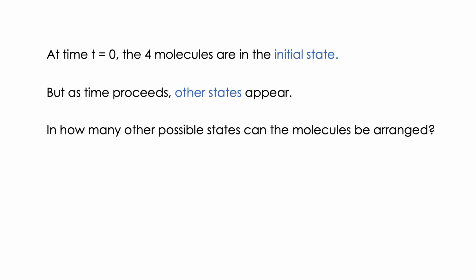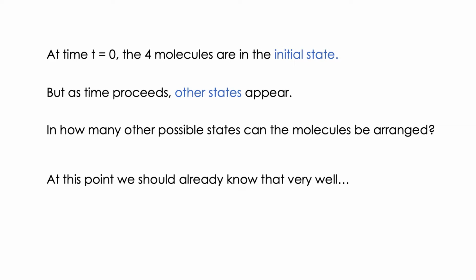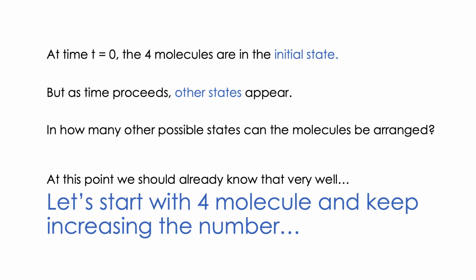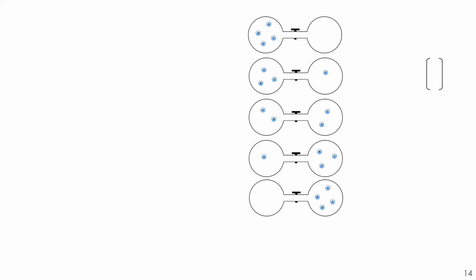Now, in how many possible states can the molecules be arranged? We already know at this point, we should know this very well. So let's start with the 4 molecules and keep increasing the number. We said that these are the possibilities, or macrostates, for the case of these molecules.